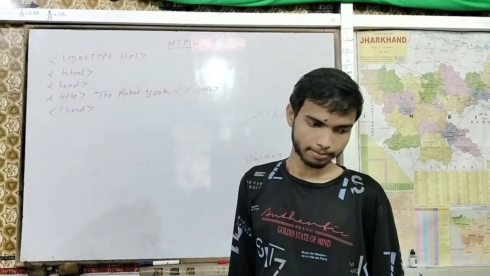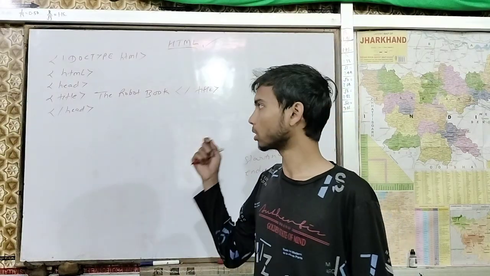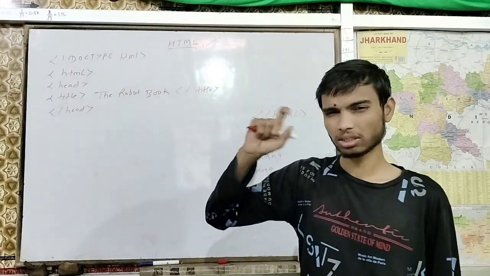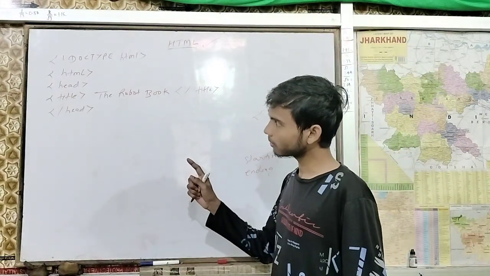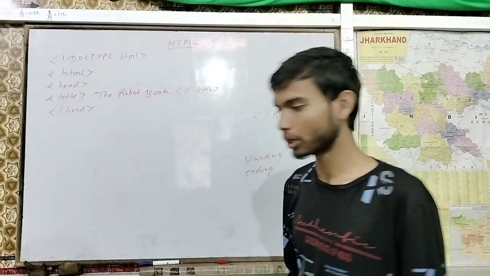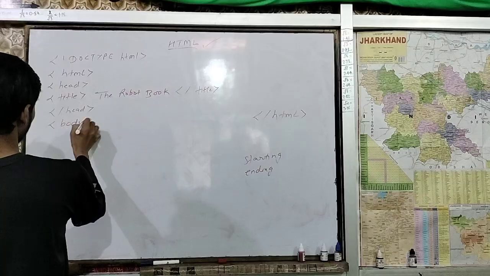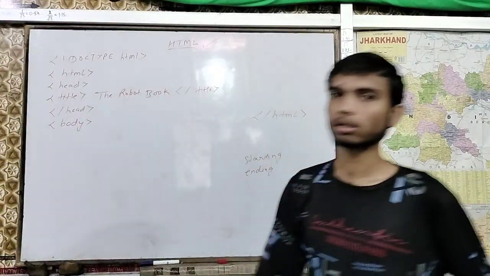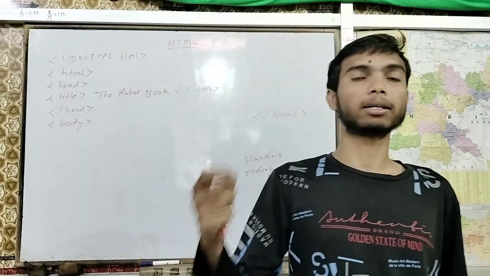Now our work is to find what tag should come next. Suppose the next tag will be nothing but the body tag. Clear? Remember, HTML is all about tags and attributes.